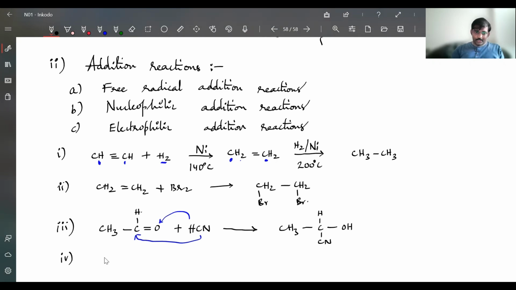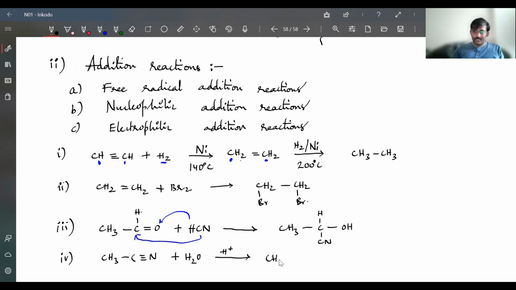Next, suppose I have methyl cyanide, CH3 C triple bond N. This is methyl cyanide. If it is reacting with water in the presence of acidic medium, acidic medium generally we simply write as H plus. Whenever you write H plus, you think it is an acidic medium.